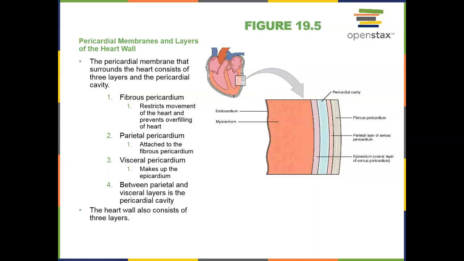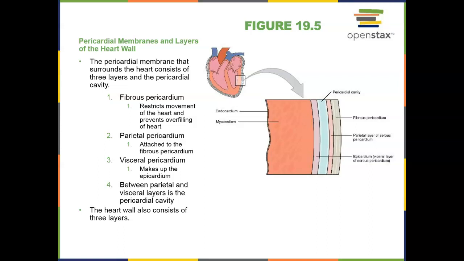Then we have the parietal pericardium and the visceral pericardium. Remember that serous membrane that we talked about last semester. So the parietal pericardium attaches to the fibrous pericardium. So it's that layer of the serous membrane that's attached to the cavity. And the visceral pericardium is the layer of tissue that attaches to the heart itself.